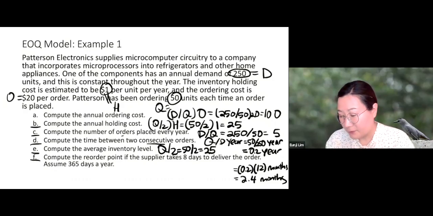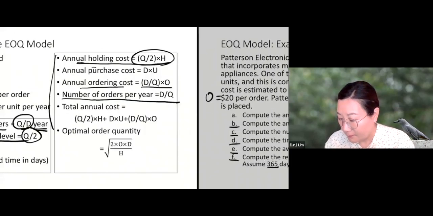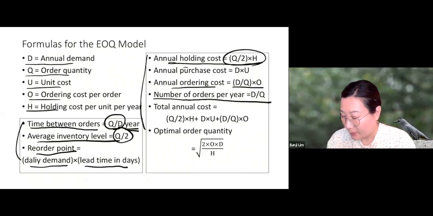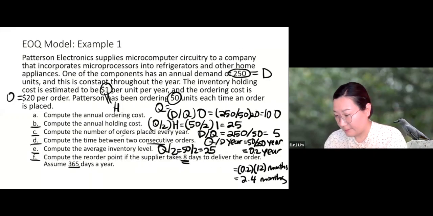Let's go to F. Compute the reorder point if the supplier takes 8 days to deliver the order. Assume 365 days a year. So what's the formula for the reorder point? The daily demand times the lead time in days. So what's the daily demand? We know the annual demand, which is 250.